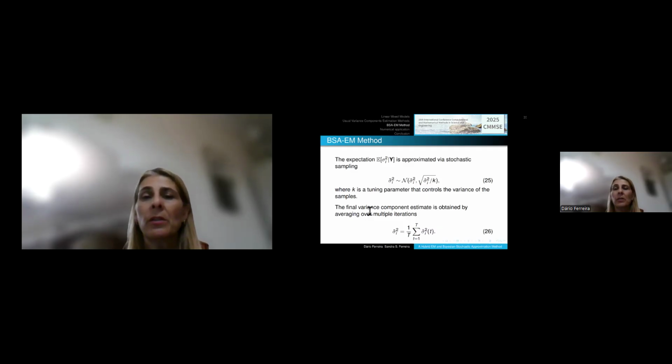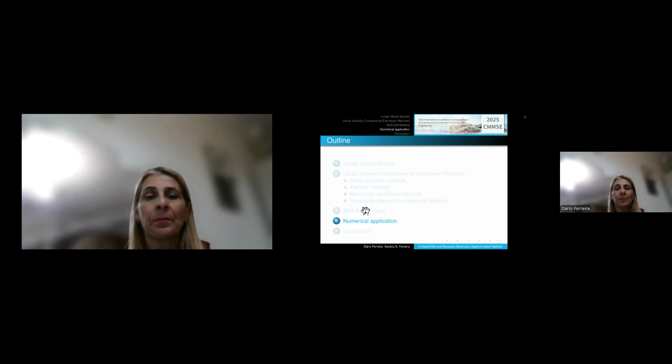The expectation is approximated via stochastic sampling, where k is a tuning parameter that controls the variance of the samples. So, the final variance component estimate is obtained by averaging over multiple iterations, like we have in equation 26.